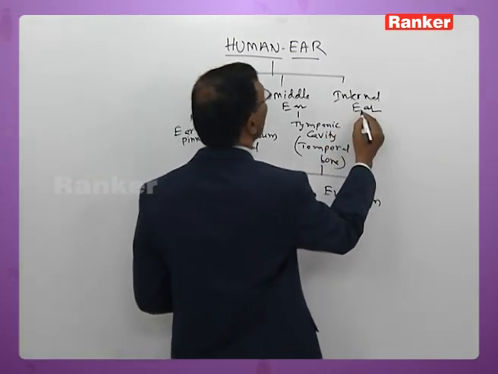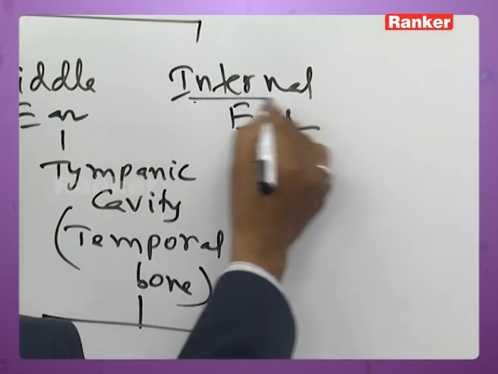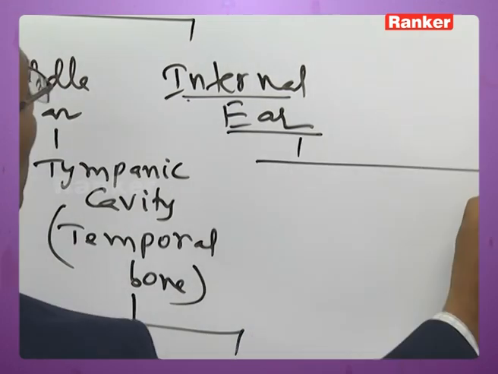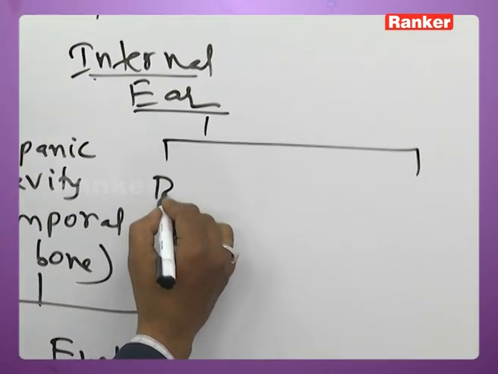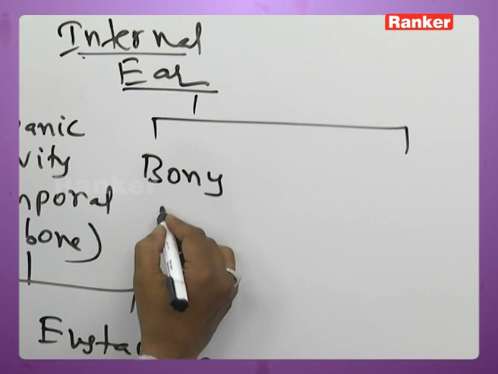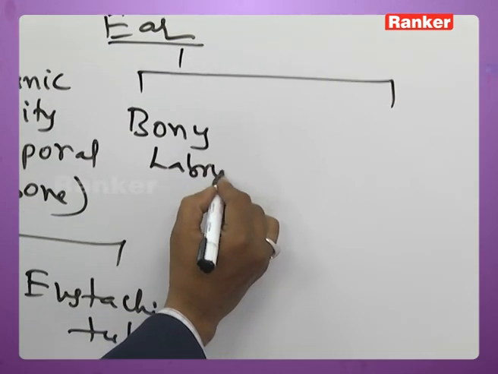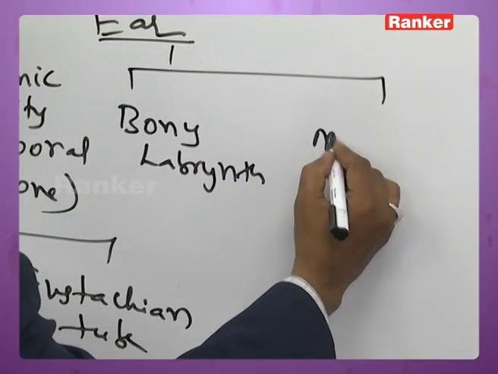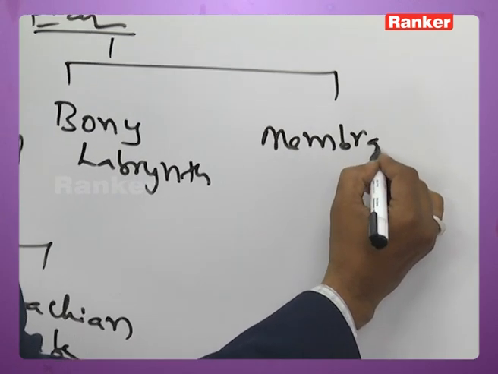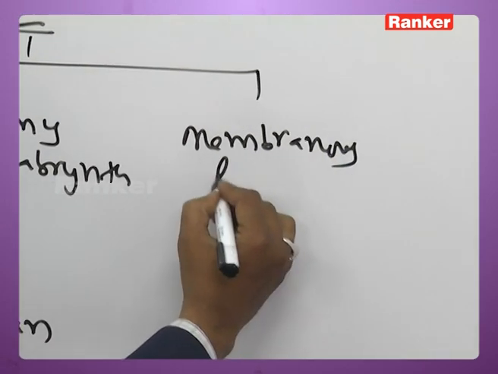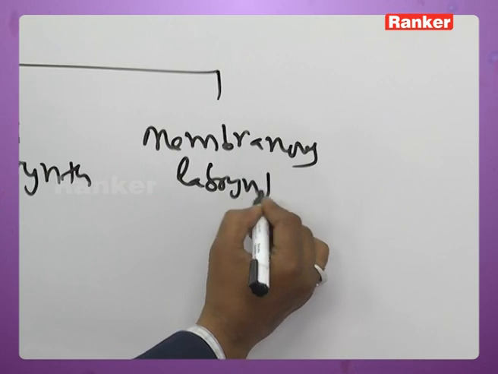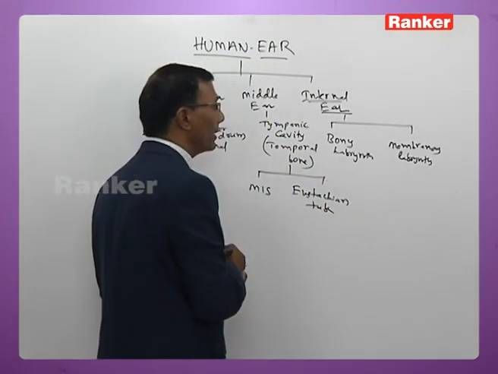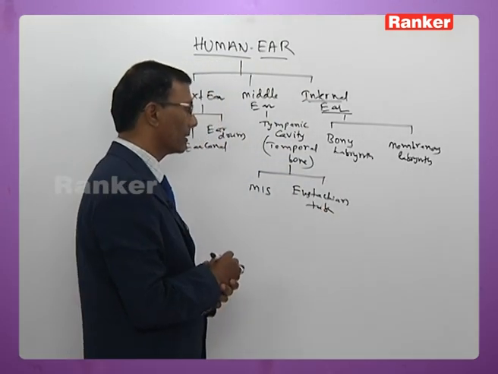Now the internal ear has two parts: the bony labyrinth and the membranous labyrinth.